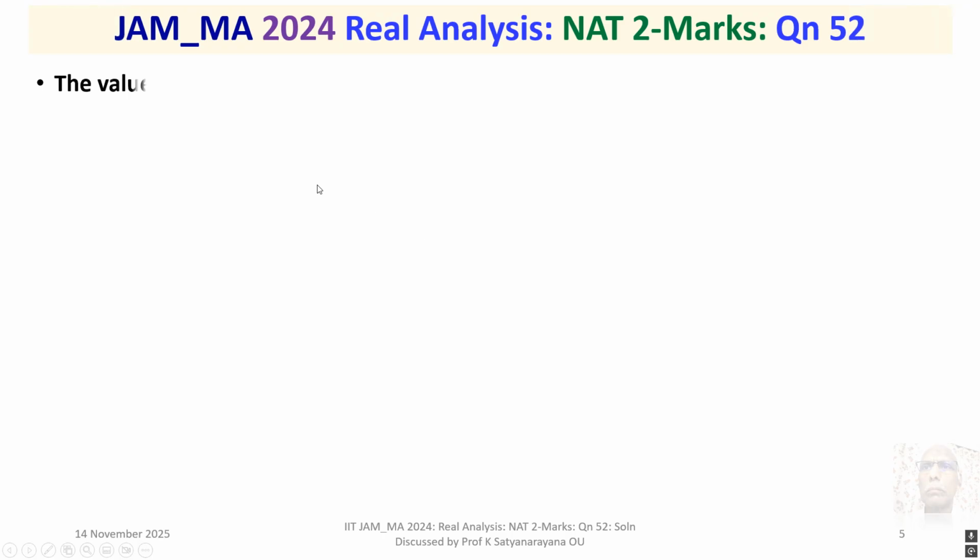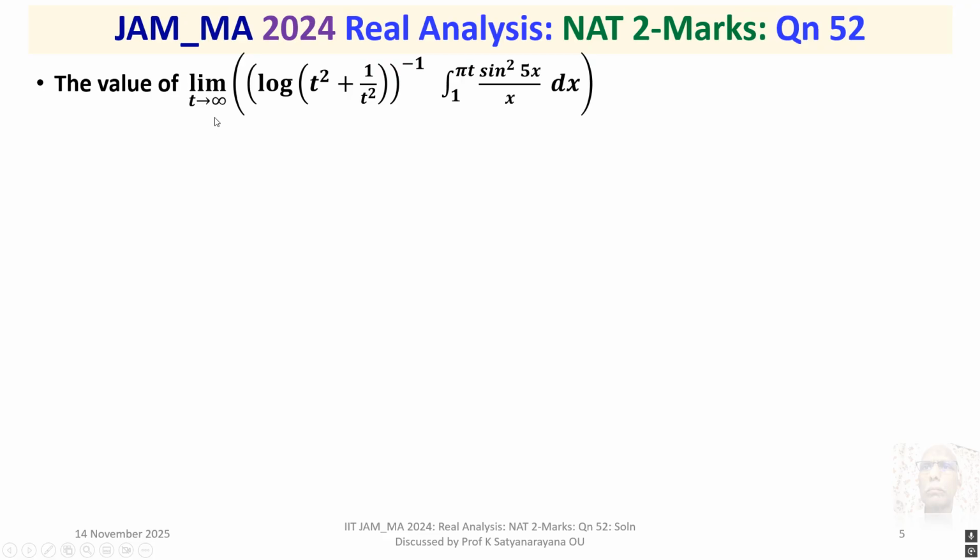Right. The given question is: the value of limit t tends to infinity of the inverse of log of (t square plus 1 by t square) multiplied by the integral from 1 to pi t of sine square 5x by x dx, bracket close, is equal to.